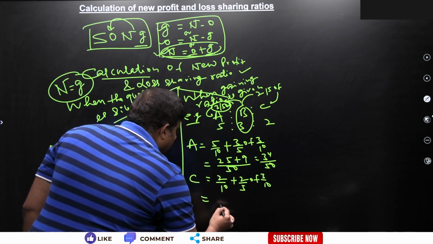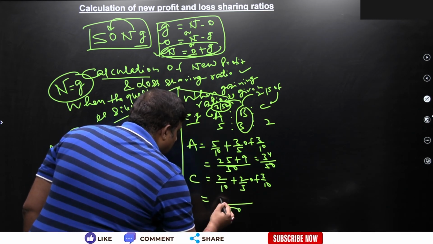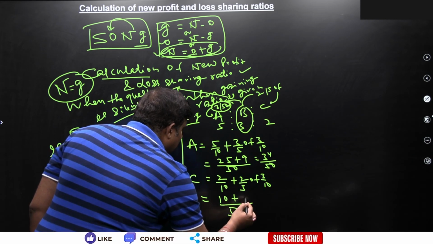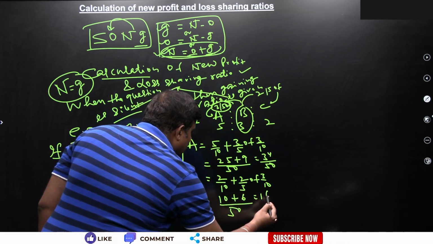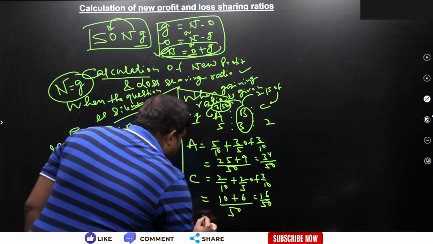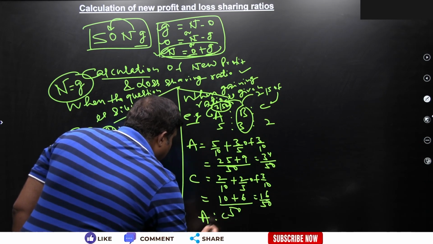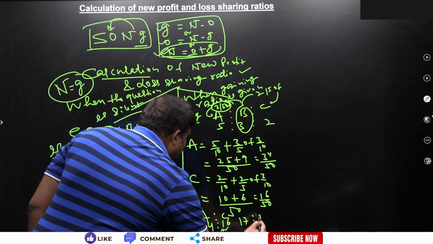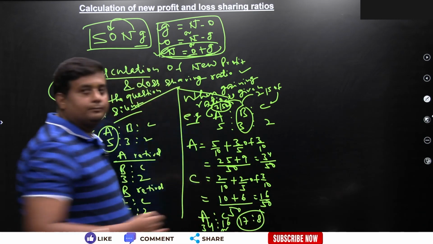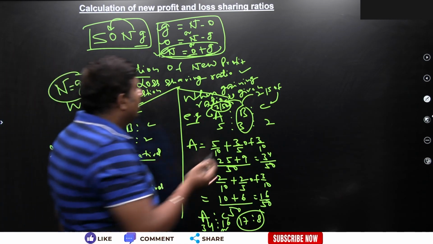And for C, 10 and 6, so it should be 16 by 50. So the new ratio between A and C is 34 is to 16. If you simplify this, it should be 17 is to 8. Okay. Now, the gaining ratio.